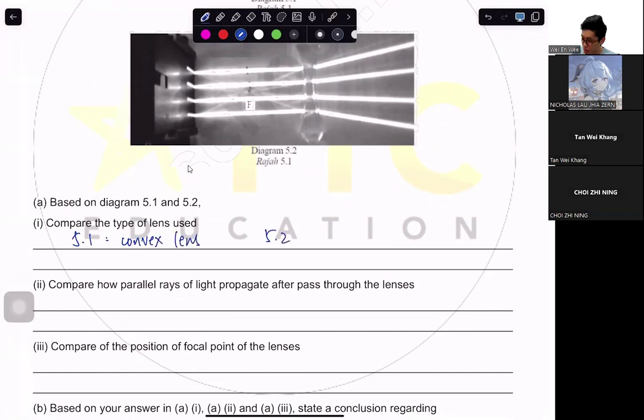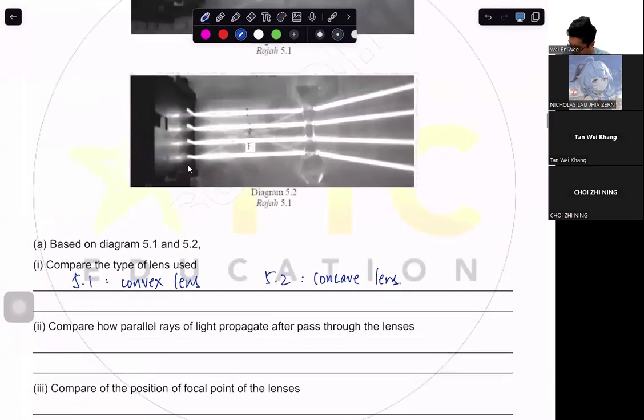And for 5.2, we call that a diverging type lens, where all the light will diverge, go away from each other. That is actually a concave lens. Usually what I tell my students is, this is a cave, you can stay inside the cave. So this is a concave lens.